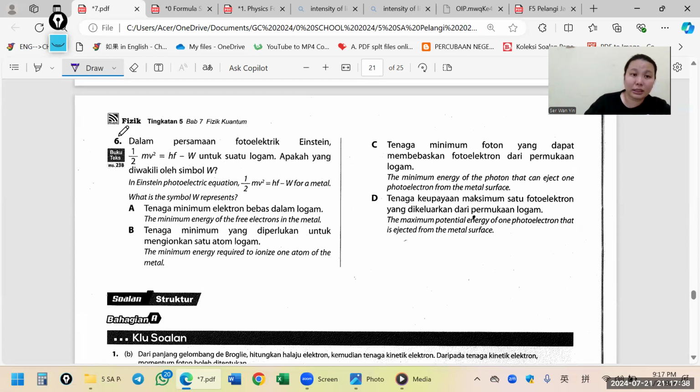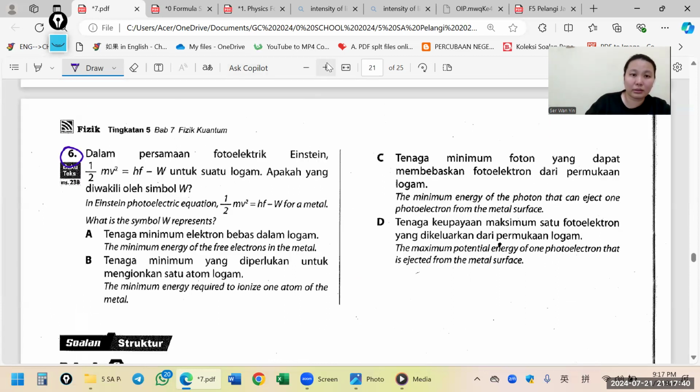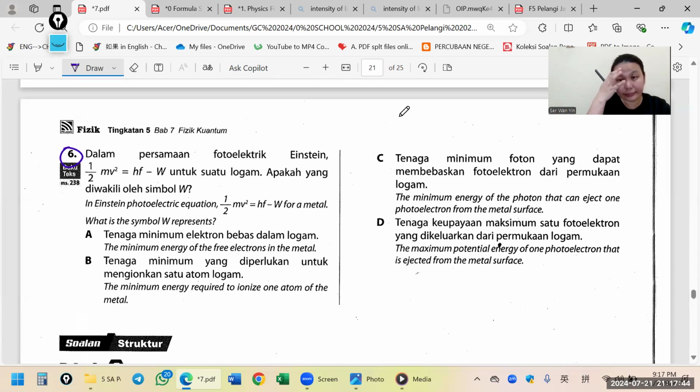Okay, number 6. What is the answer? So actually this is KE max equals E minus work function. This W is the work function. So what is work function?